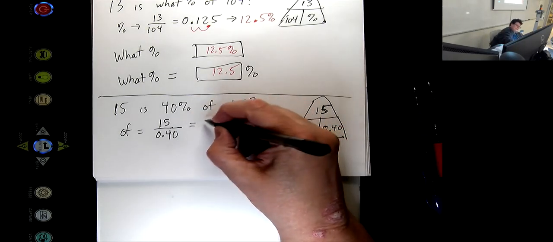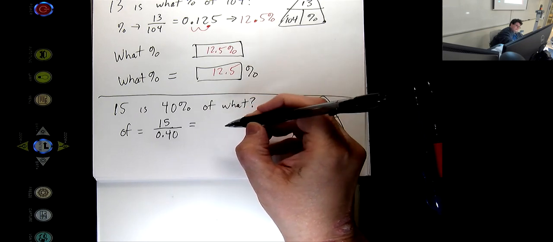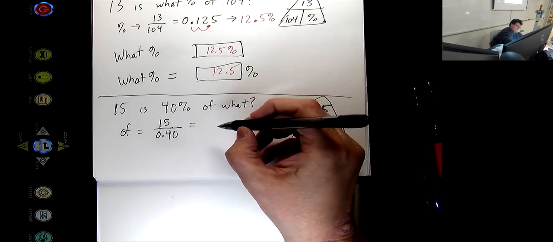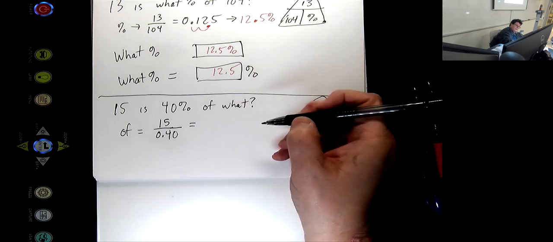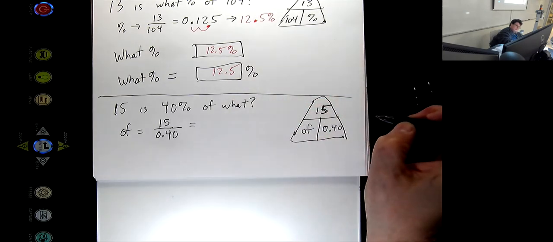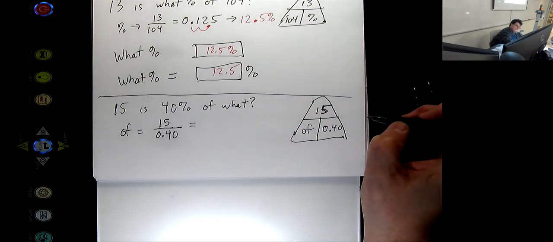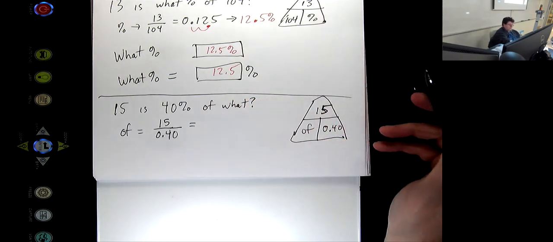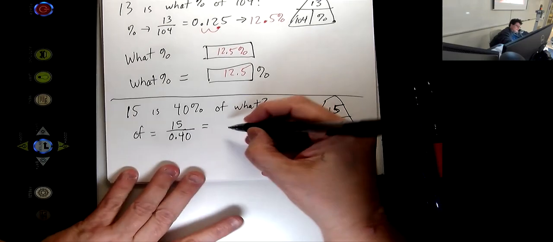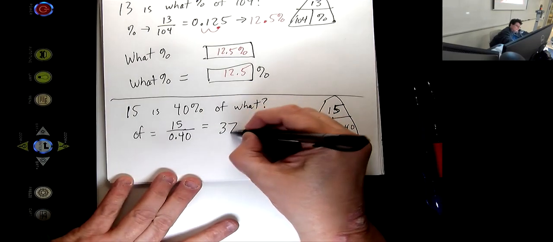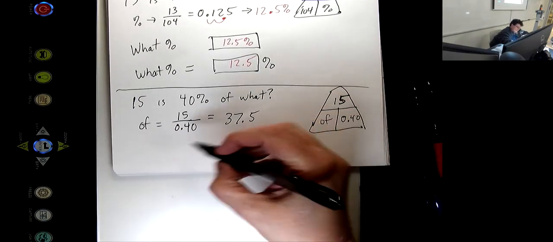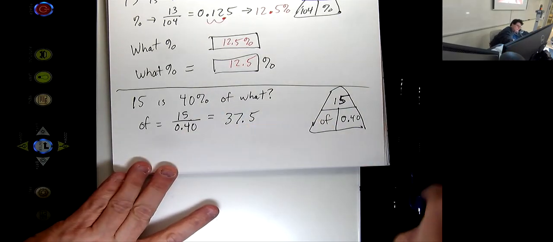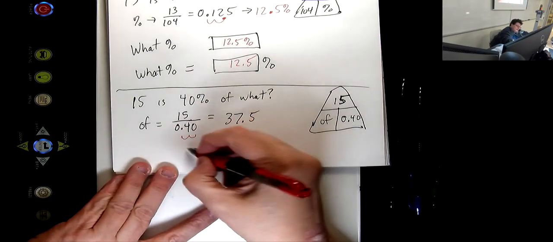I divided 15 by 40, but for some reason I moved the decimal twice and got something different. That's one way you could do it. Do the decimal afterwards. So if you did this, it should be 37.5, if you move the decimal right twice to do the division.